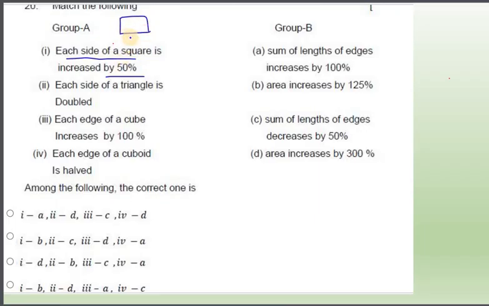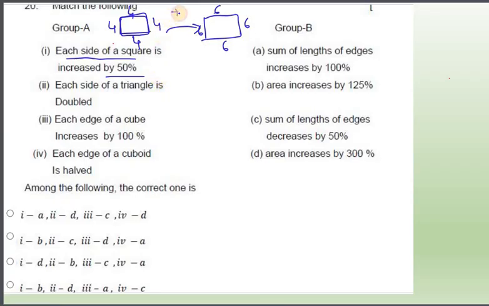This is coming like a rectangle, but consider this as a square. Say this is 4. Square means all sides are the same: 4, 4, 4, 4. You increase by how much? 50%. So what is 50% of 4? 50% of 4 is 2. So 50% more is how much you will get? 6. So 50% more means you will get 6, 6, 6 and 6.